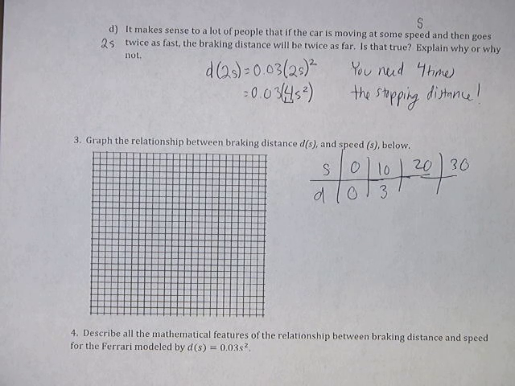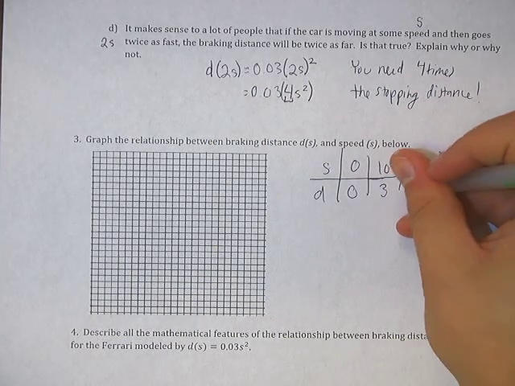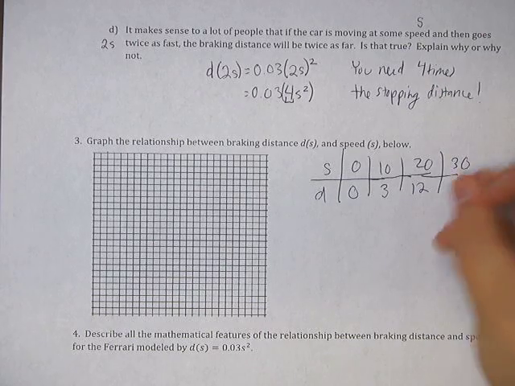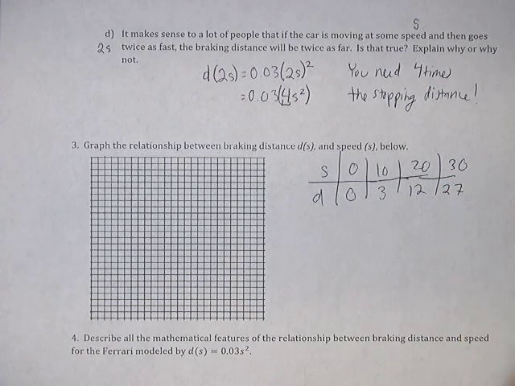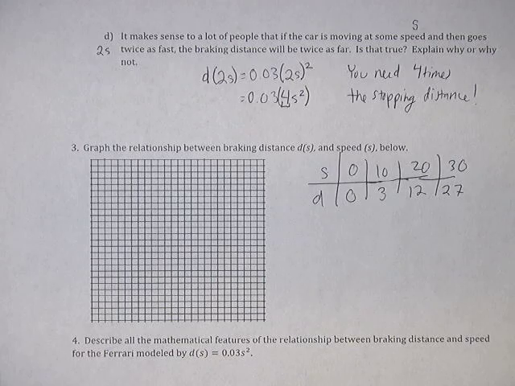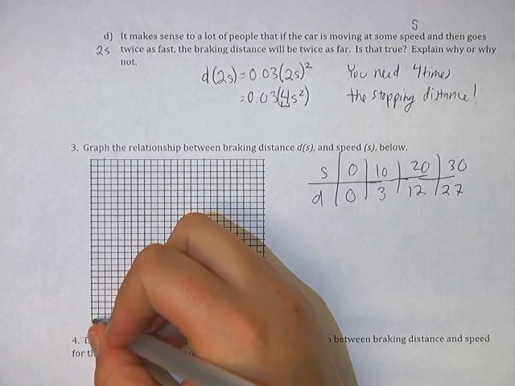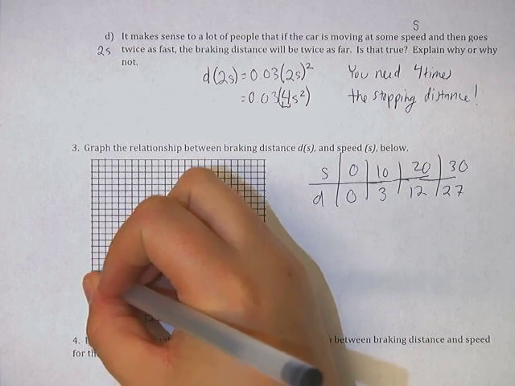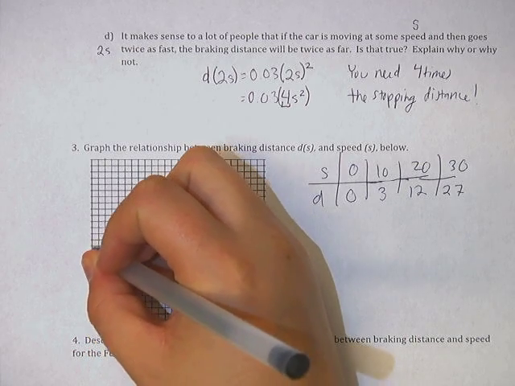And then if we plug in 10 into our calculator, we need 3 feet. For 10, we need 12 feet for 20. And then finally, we need 27 feet for 30.